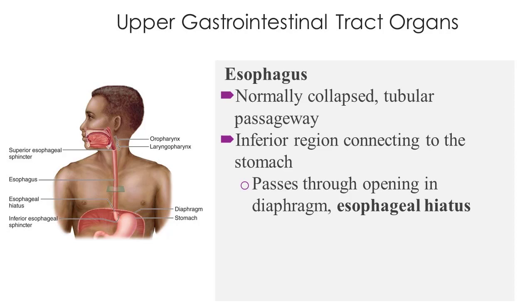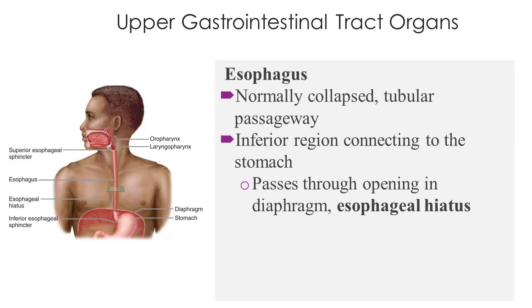Have you ever heard of hiatal hernia? Anyone ever heard of a hiatal hernia? Yes. So a hiatal hernia is where your stomach herniates up through the hiatus of the esophagus and herniates up into your... You did?